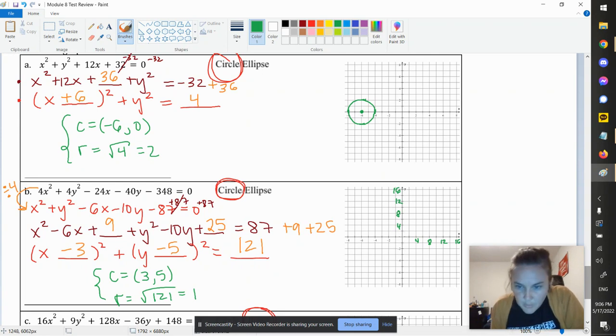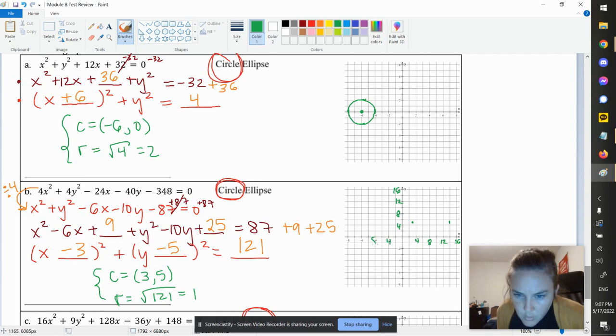The center is 3, 5, so 3, 5. The radius is 11. That means 3 plus 11 is, oh gosh, 14. That goes there. 3 minus 11 is negative 8.